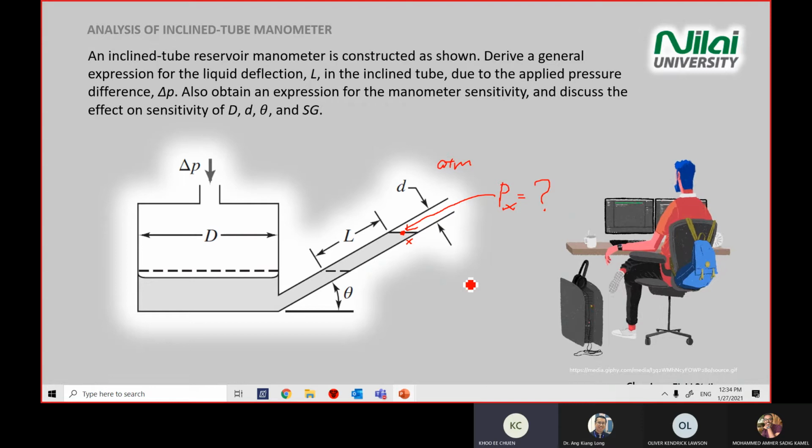I don't get it. Okay, Oliver, help Ku to answer this one. What is the gauge reading at location X?